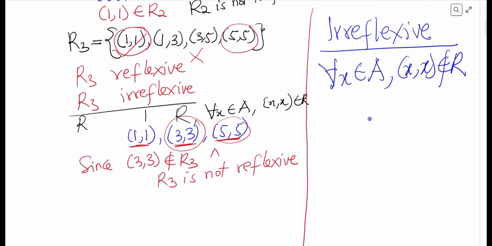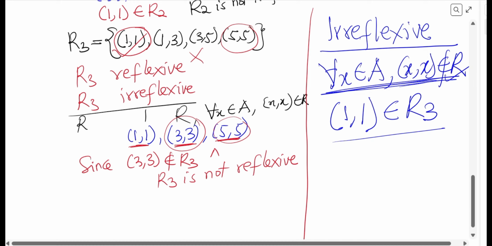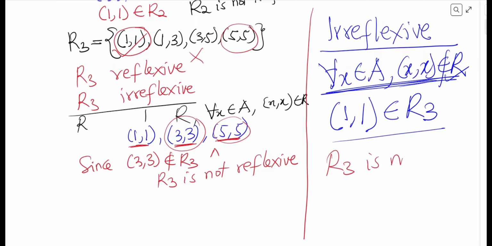So in the relation, we already see that 1 is relating to 1, which defies this rule. So this is an element of R3, and this condition defies the law. So we say that R3 is not irreflexive.